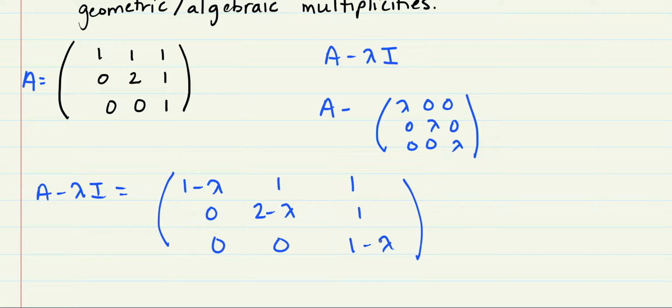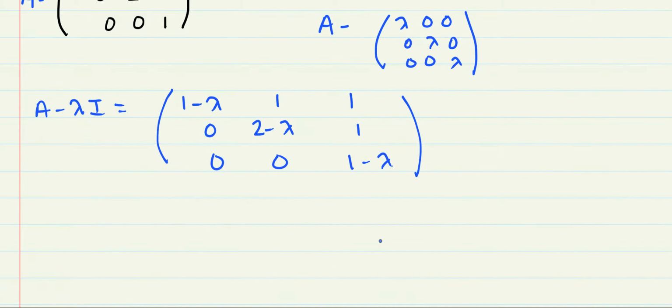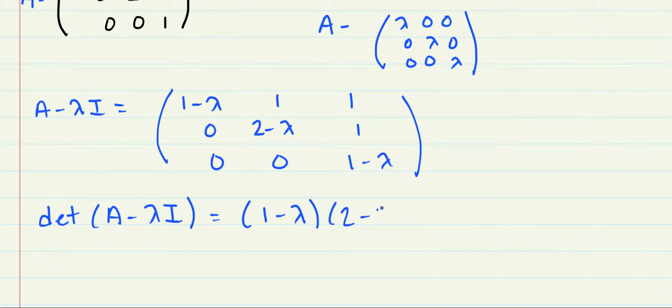The next step is to take the determinant of this matrix. Now this matrix is upper triangular. Remember that for an upper triangular matrix, the determinant is just the product of the diagonal entries. So we get 1 minus lambda, 2 minus lambda, 1 minus lambda.